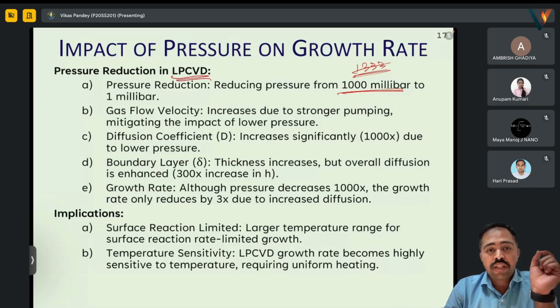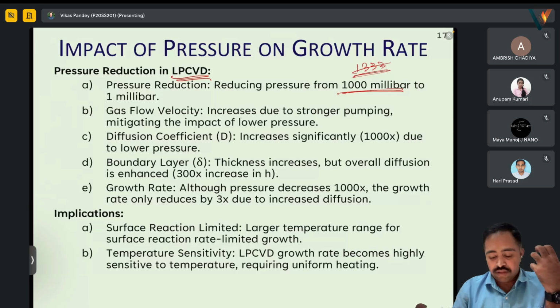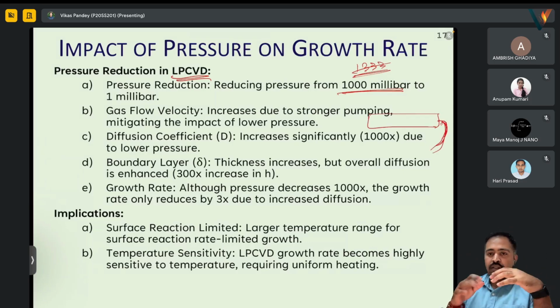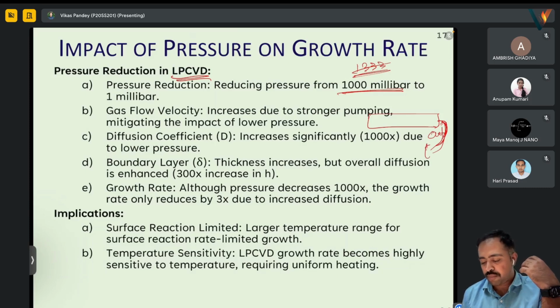Gas flow velocity: when we have a low pressure, we are taking out the gas fast, we are reducing the pressure. If this is the outlet and we have put a pump and we are taking out the gas, then the inlet gas velocity will increase because there is low pressure and it is sucking out the gas.